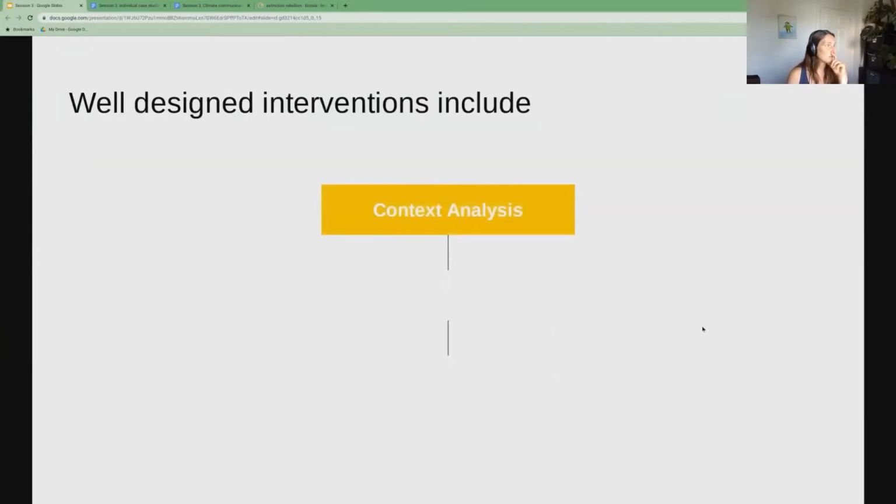So we can broadly separate success criteria, or successful traits of an intervention, into three categories. The first category is context analysis: understanding where you are, where your intervention sits. The second one is certain aspects of the design and development process, the tools you use when you think of your project, your intervention, your campaign.